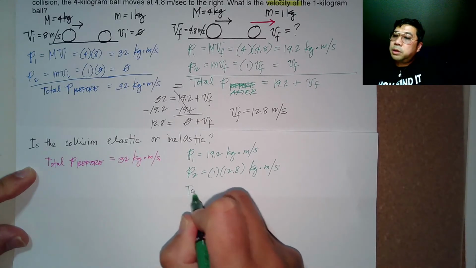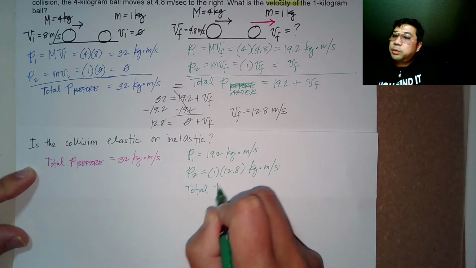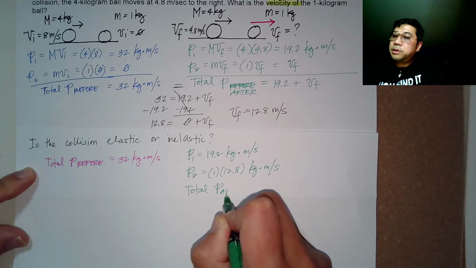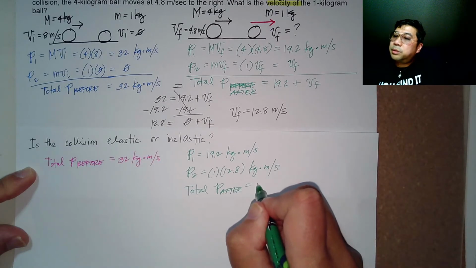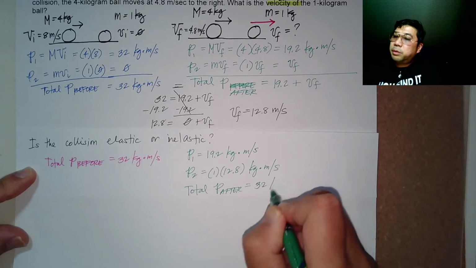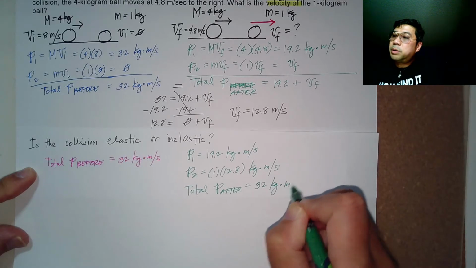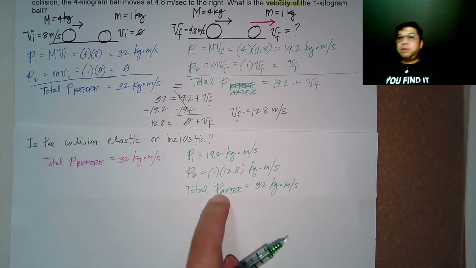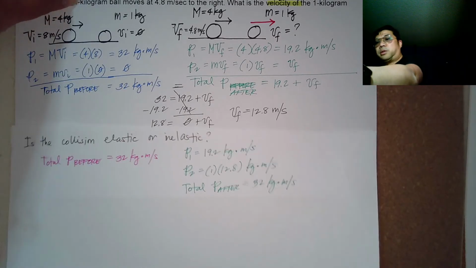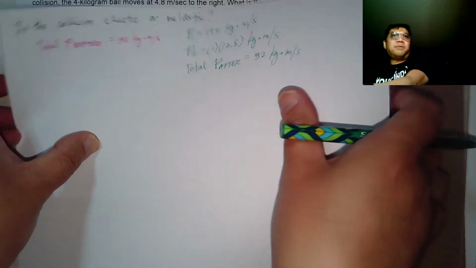So the total momentum after collision is also 32 kilogram meters per second. So in terms of our momentum, we were able to satisfy the condition.